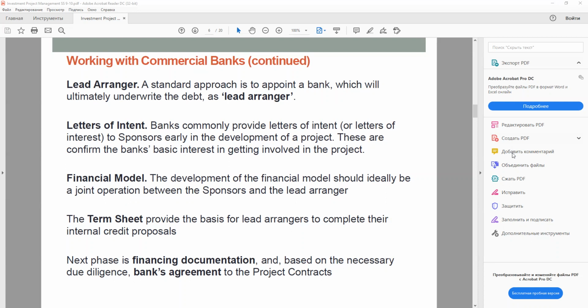Then we have a financial model. The development of the financial model should ideally be a joint operation between the sponsors and the financial advisor or lead arranger, probably with each assigning 1 or 2 people to work in a joint team.